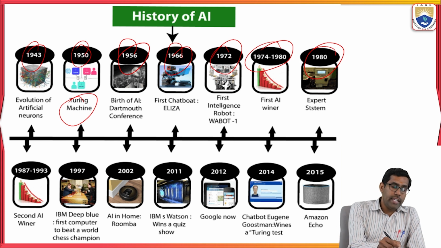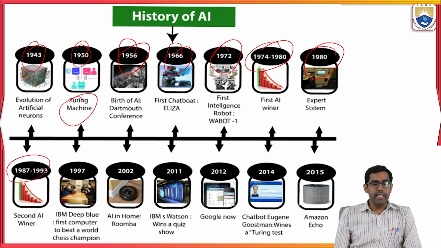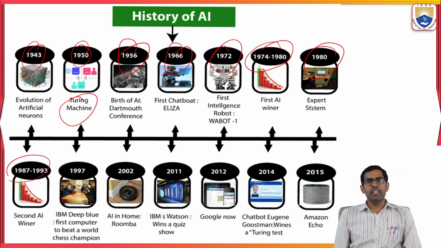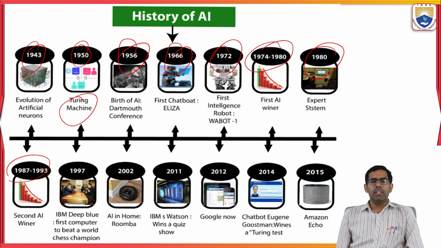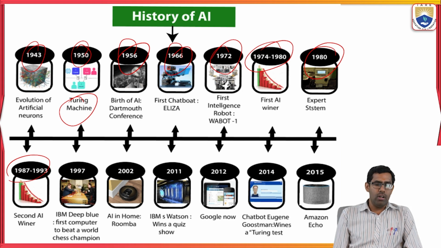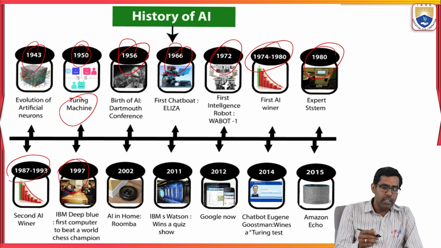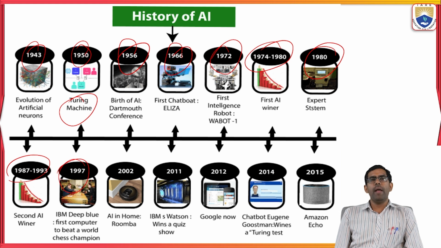In 1987 to 1993, the second AI winter. In 1997, IBM implemented the first computer to play chess against a human opponent. So it is a competition.